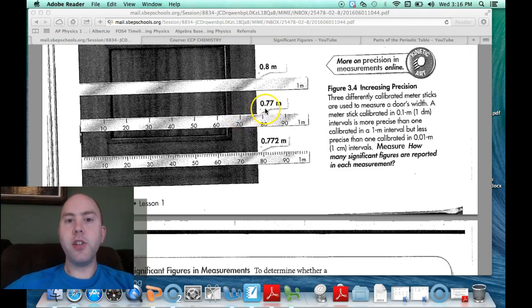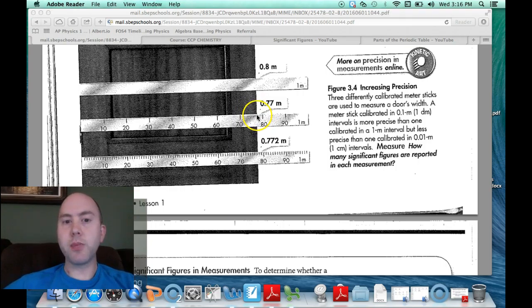So clearly you know it's at least 70 something. Well, since it looks like it's past halfway, you know it's bigger than probably 0.75. But again, you don't know. This last 7 right here is a complete estimate. It's the uncertain digit. You know it's going to be between 0.70 to 0.79, so they said about 0.77.